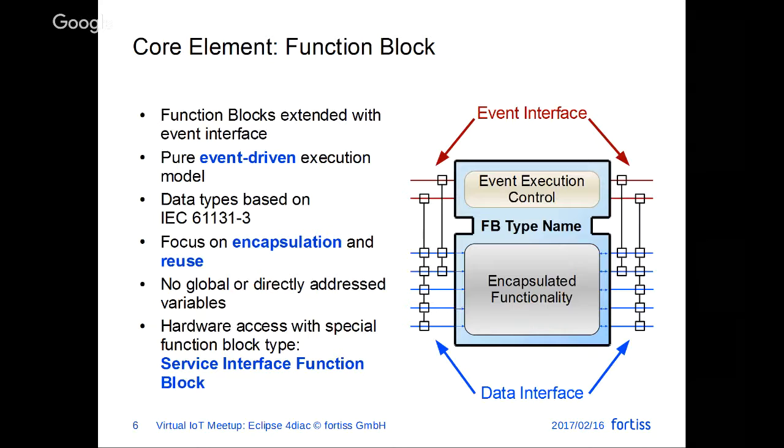The main element, a component or a class, as you would call it in classical programming, is called a function block in industrial automation. The function block concept is not something new in industrial automation. We already have it in a previous standard called IEC 61131-3. And this has been extended to better support encapsulation and also to better support distribution. And it has been extended with an event interface you see on the top.